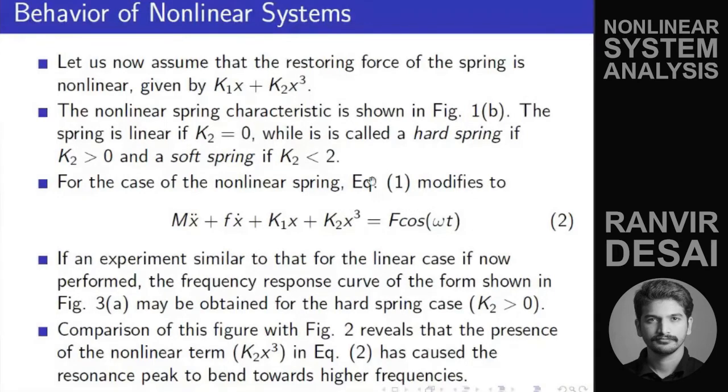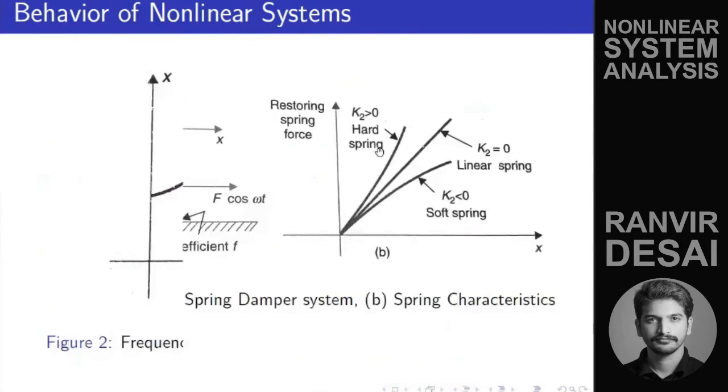Now there are two types of non-linear springs. If K2 is positive, then it is called a hard spring. If K2 is less than 0, that is, negative, then it is called a soft spring.